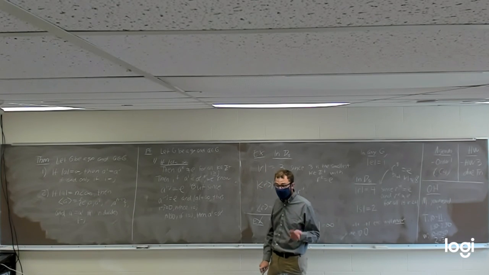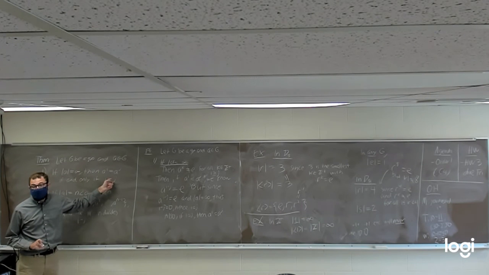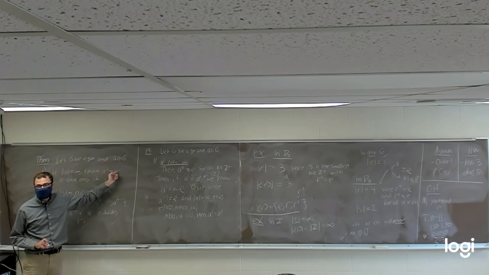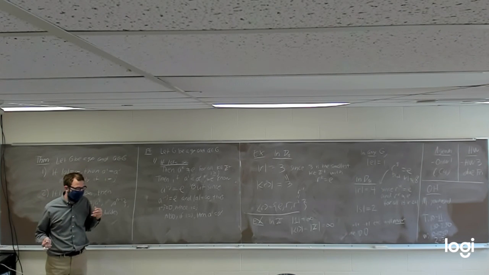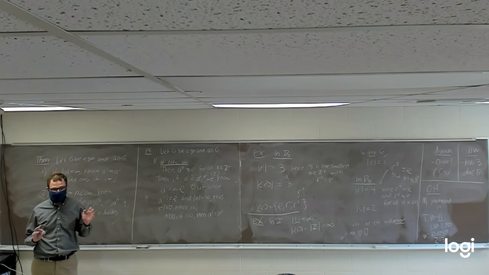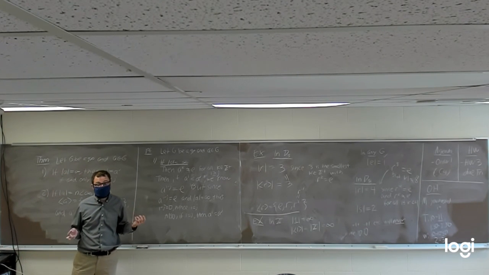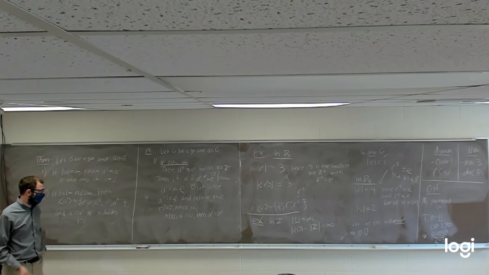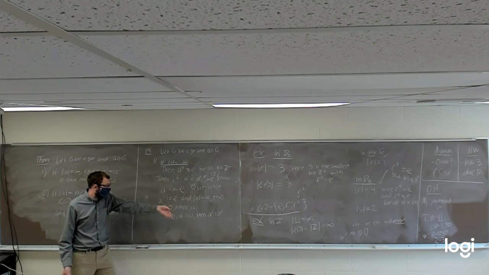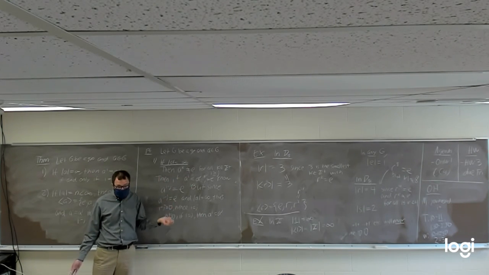When we show an if and only if, we need to show if first, then second, and if second, then first. So even though this backwards direction is really silly, yes, if i equals j, of course a to the i has to be equal to a to the j, it's still a direction that we need to consider and at least state. So we've shown if i equals j, a to the i has to be equal to a to the j, and if a to the i equals a to the j, then i equals j.